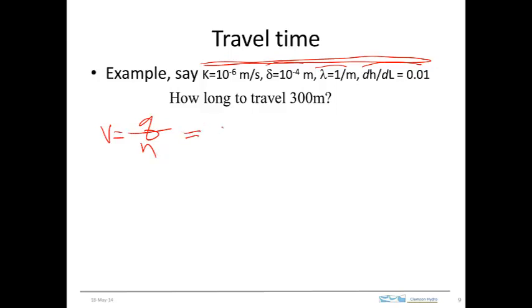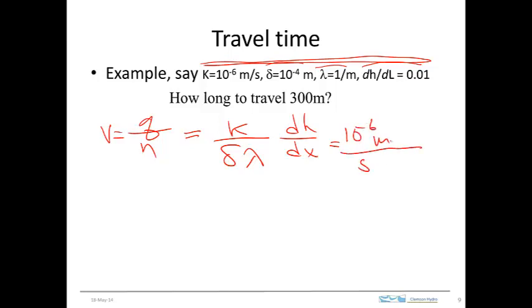And so in this case, for the fractures, the flux is the hydraulic conductivity, an effective hydraulic conductivity, times the head gradient, and the porosity we take as the aperture times the fracture density. So that will be 10 to the minus 6 meters per second for the conductivity.